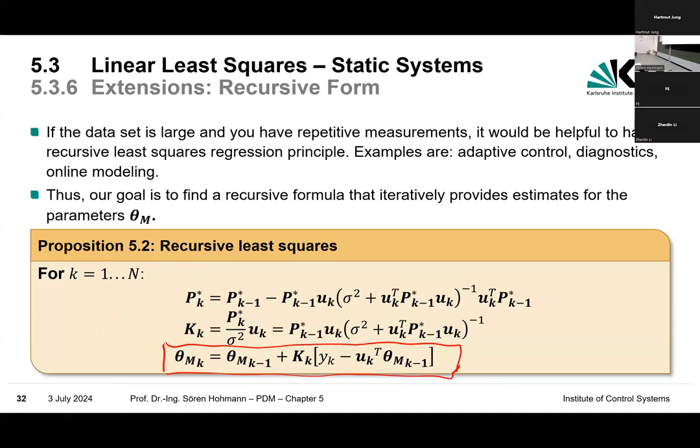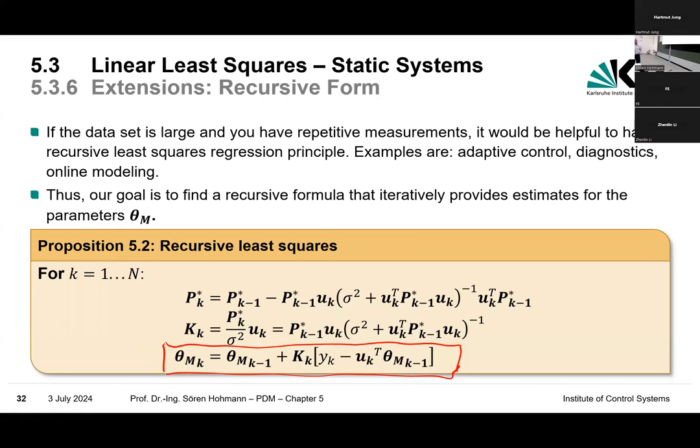That's a proof which you find in books, but I think you believe me: the higher the number of measurements, the more it reaches the true values, and the estimate equals the one in the least squares sense with the Moore-Penrose inverse.